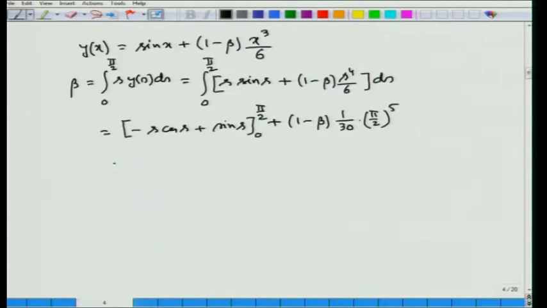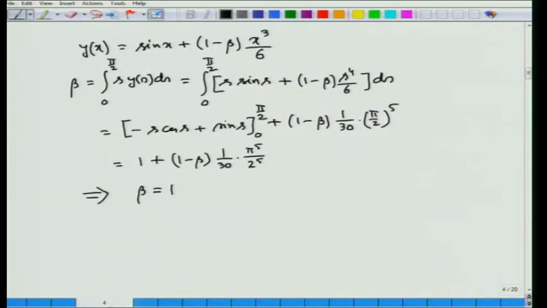From here you will have 1 plus (1 minus beta) multiplied with 1 by 30 into pi to the power 5 by 2 to the power 5, and you can verify this implies the solution for beta as beta equal to 1.